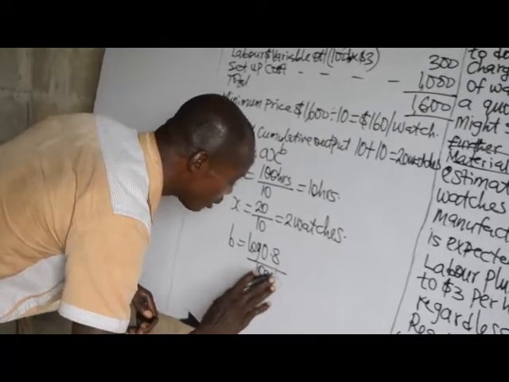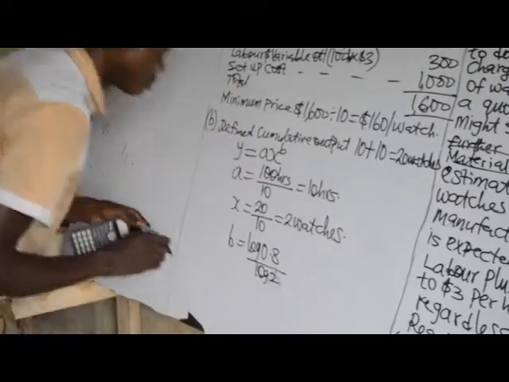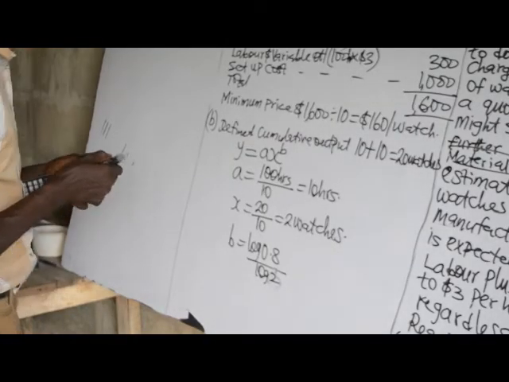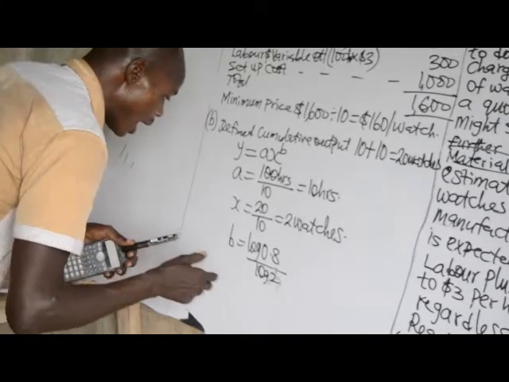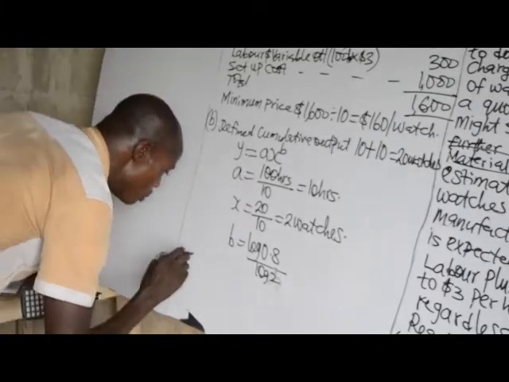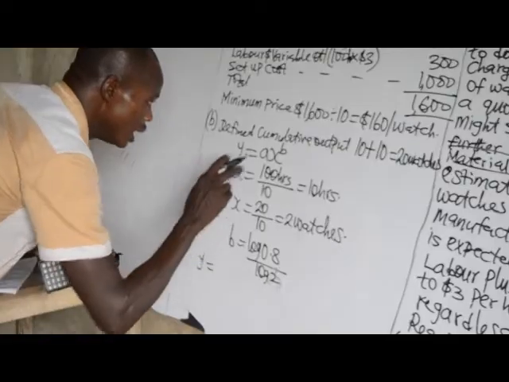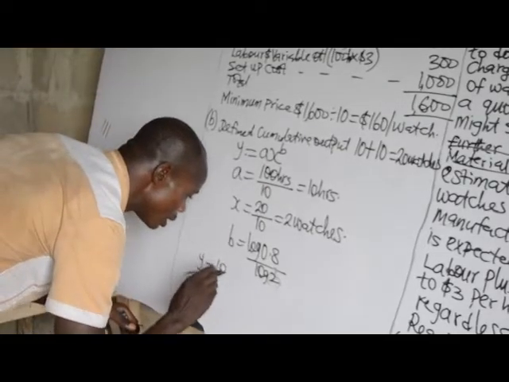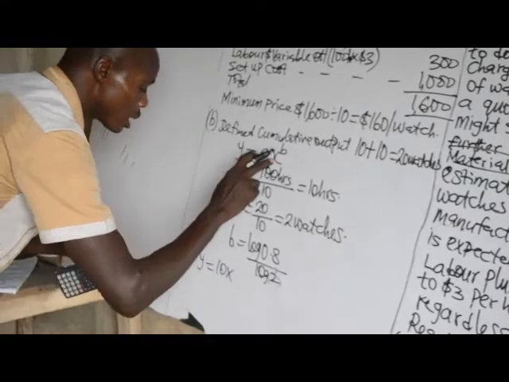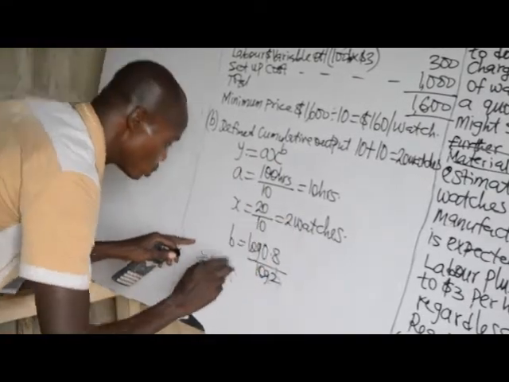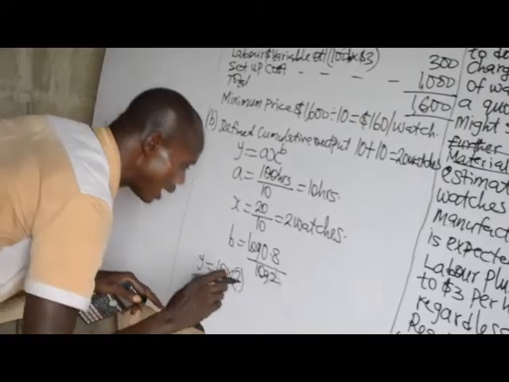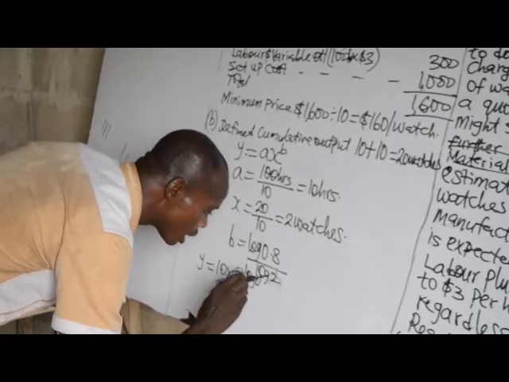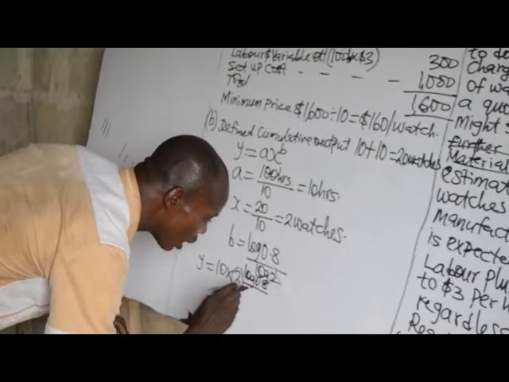Log of learning rate over log 2, that is B. And if B is log of learning rate over log 2, therefore our Y now will be equal to A, and our A is 10, times X, and our X is 2 raised to the power B, and our B is log of learning rate, which is log 0.8 over log 2.